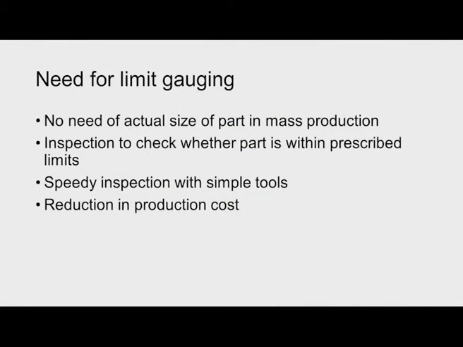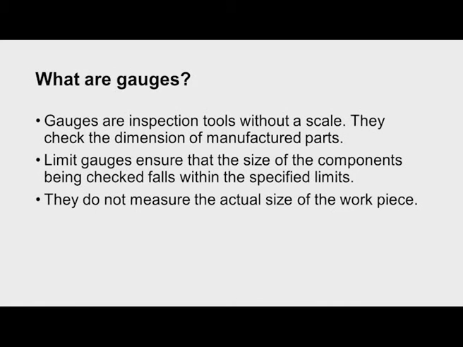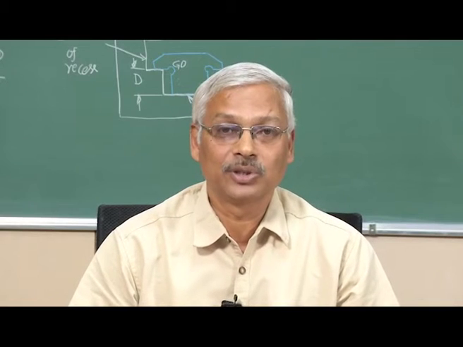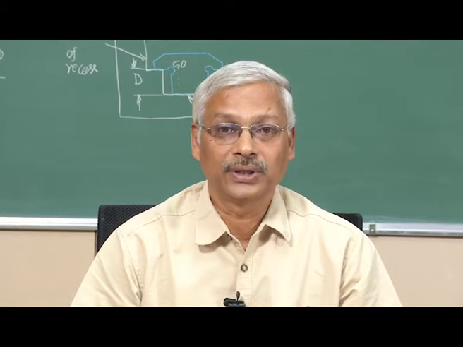Let us understand what is limit gauging. Now in mass production, the components are manufactured in large quantities, and many a time it is not needed to check the dimension of each and every component.